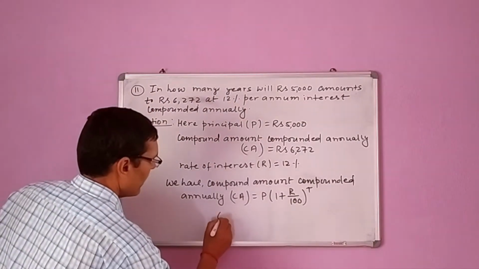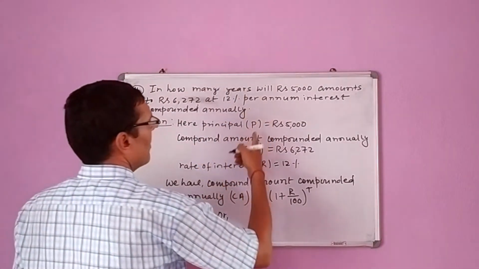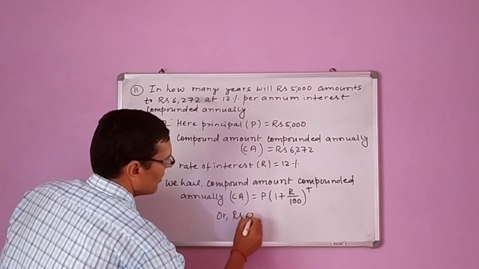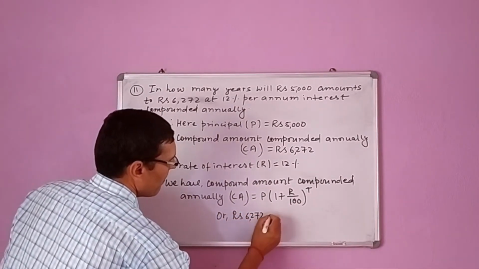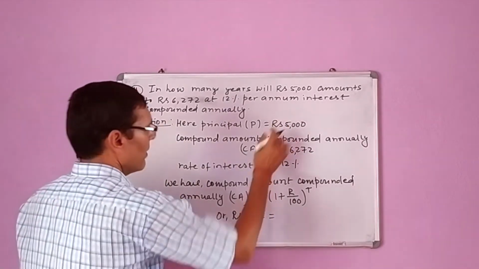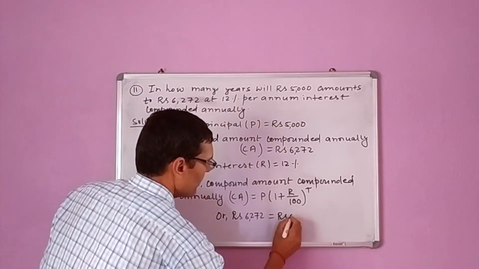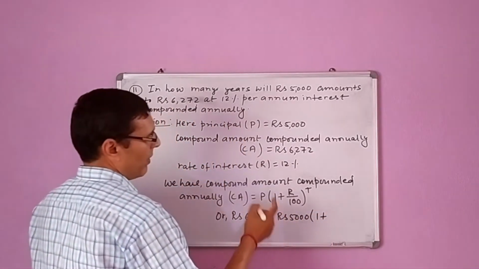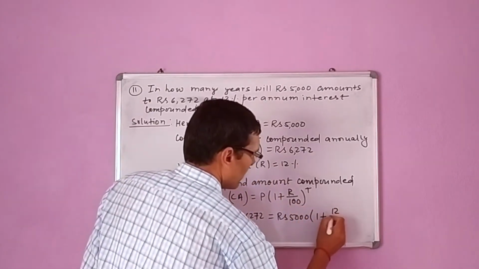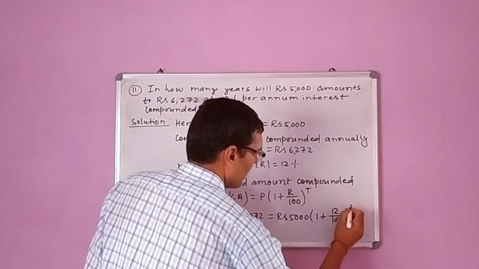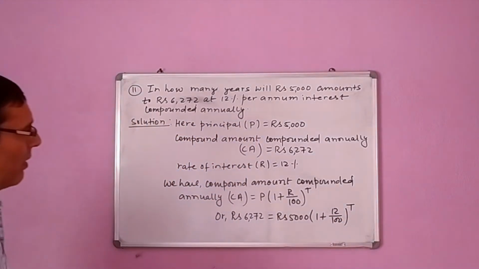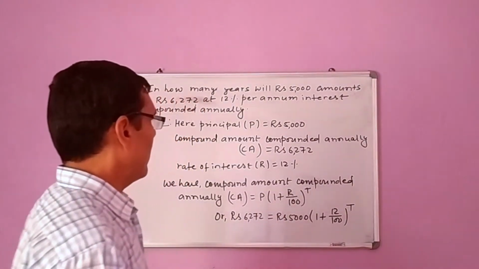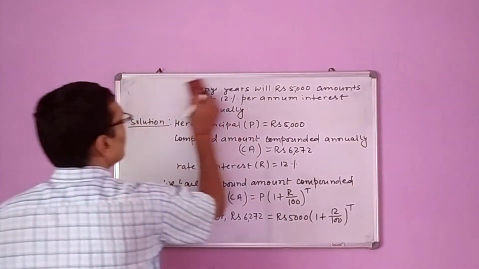Now putting the given values, we are given the compound amount 6,272. We have the value of principal rupees 5,000, 1 plus rate of interest 12 upon 100 to the power T. Now we simplify this to get the value of T.